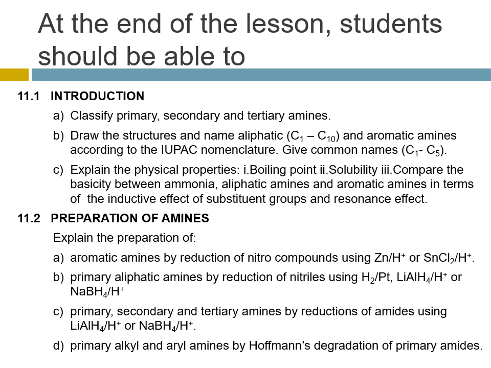We have to name amines and classify them, explain the physical properties, boiling point, solubility, comparing the basicity between ammonia, aliphatic, and aromatic amines in terms of inductive effect of substituent groups and resonance effect. Then we're going to prepare amines by reduction of nitro compounds, nitrile compounds, and amide compounds. We also can produce amines by using Hoffmann's degradation.